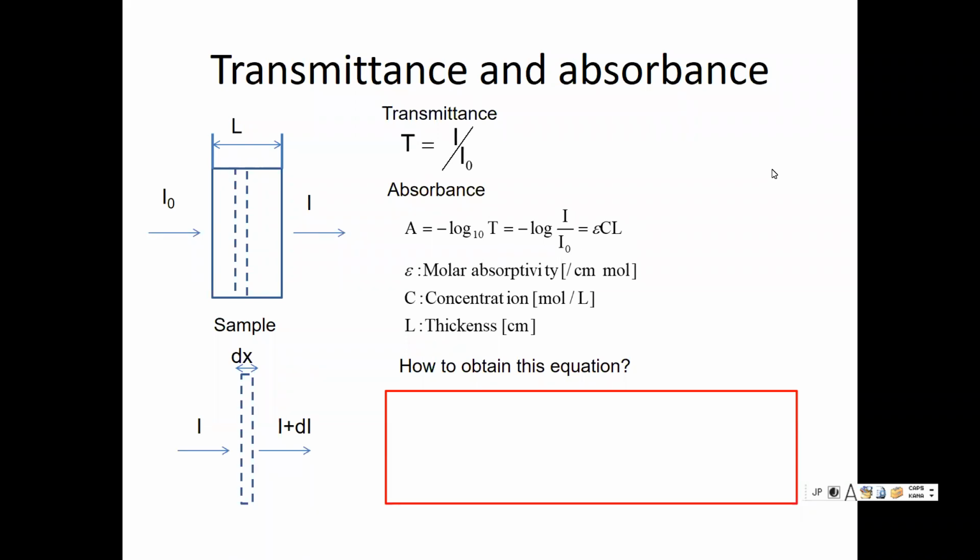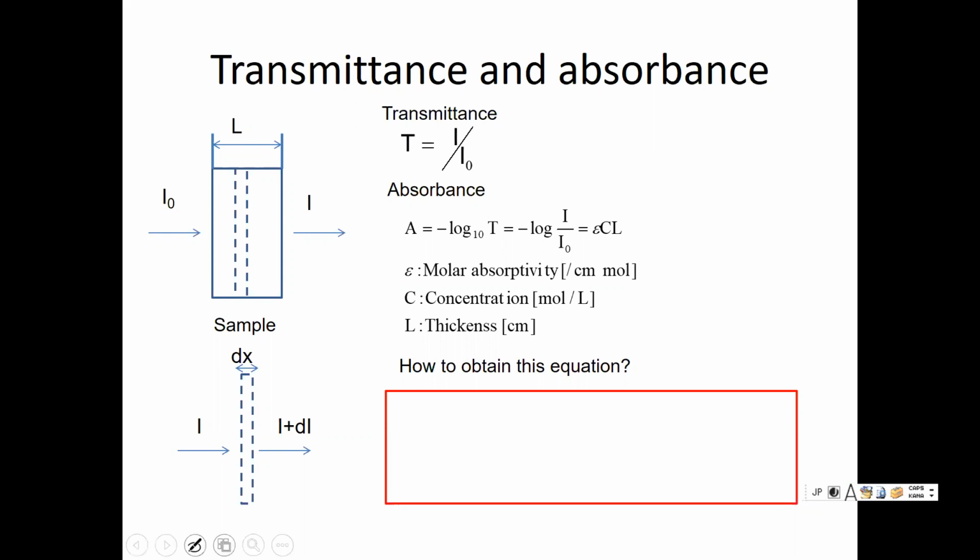So this is one of the most general ways to know the photochemical properties.